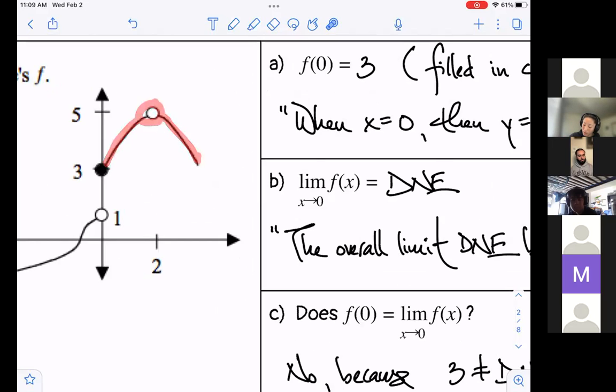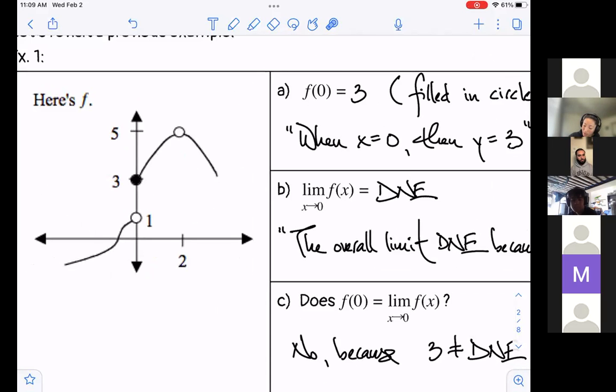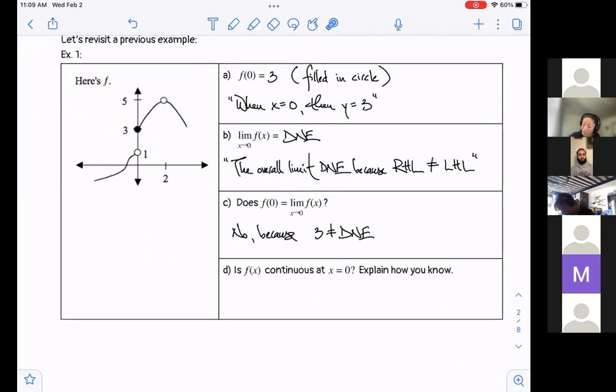Okay. If I wanted to see what's happening at x equals 0, I draw this part. I have to pick up my pen or pencil and start at a different value. When we ask ourselves, does f of 0 equal the limit there? That's a good clue for whether something is continuous or not. If we answer this question and we say yes, then that means that our function is going to be continuous at that point.